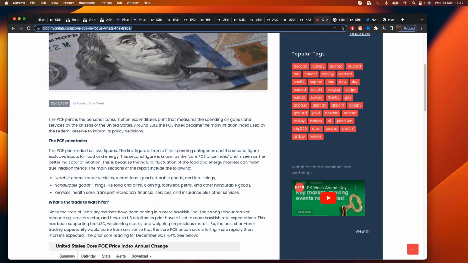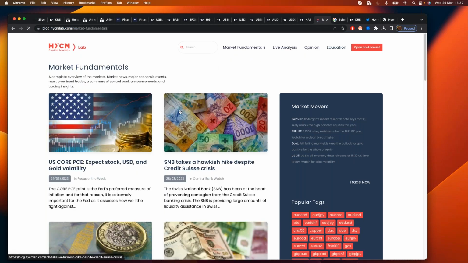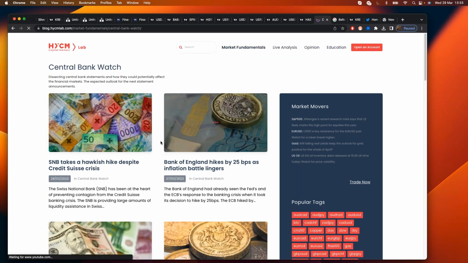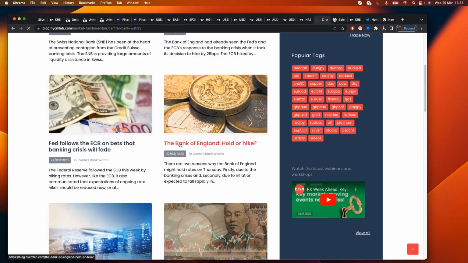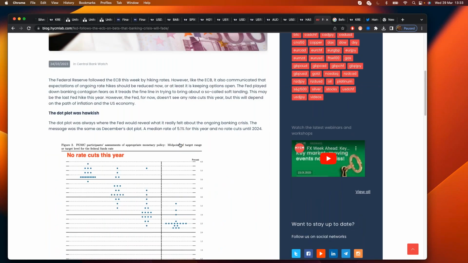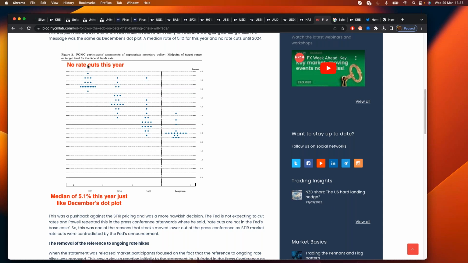If you go along to the HYCM blog, and I provide the majority of the material for this blog, you can see the latest central bank reviews, which I do, and you can see the Federal Reserve. I covered that interest rate decision, and this is the dot plot that we had from the last Fed decision. And you see the Fed are projecting no interest rate cuts this year at all.